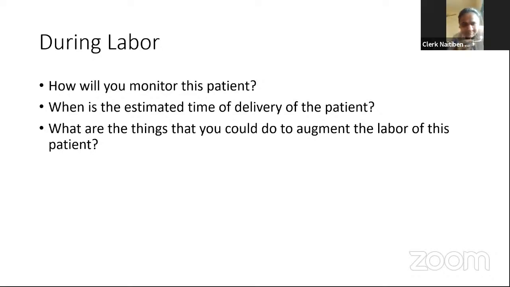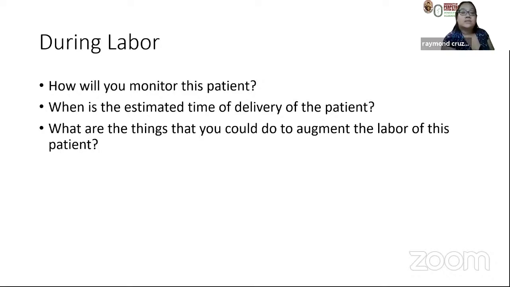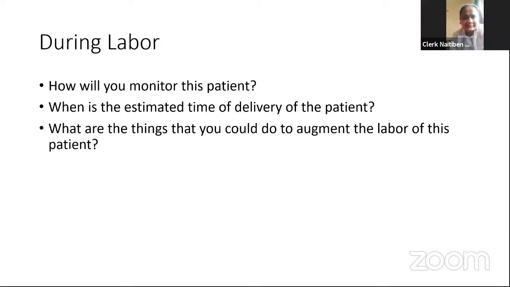Your multigravid dilates at how many centimeters per hour? Ma'am, our patient is multipara, so 1 to 1.5 centimeters. So your multipara dilates at 1.5 centimeters per hour.